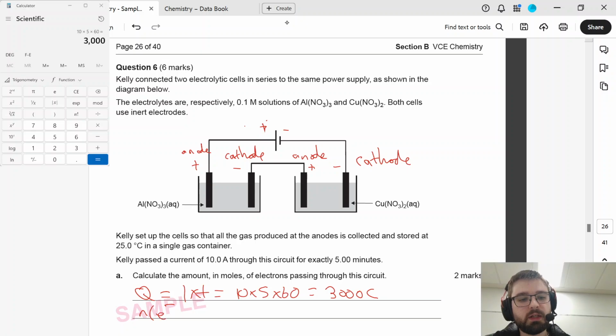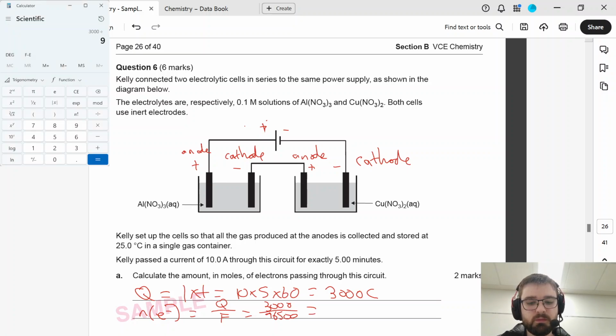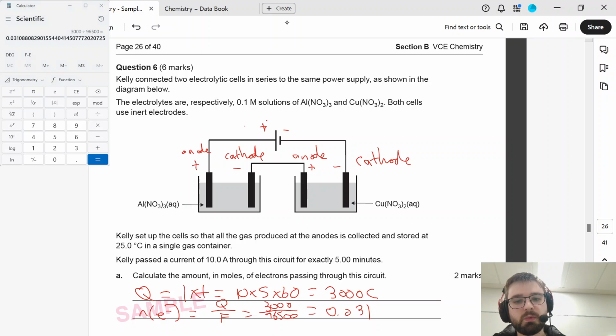The amount of electrons equals Q over F, which is 3,000 over 96,500, which is 0.0311 to 3 significant figures.